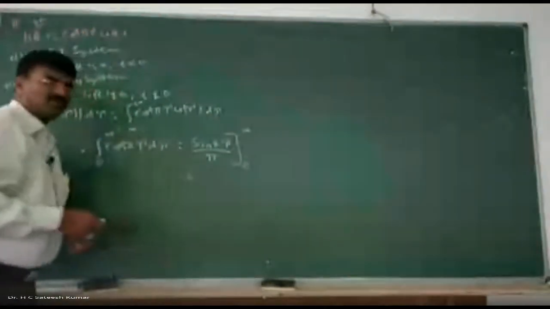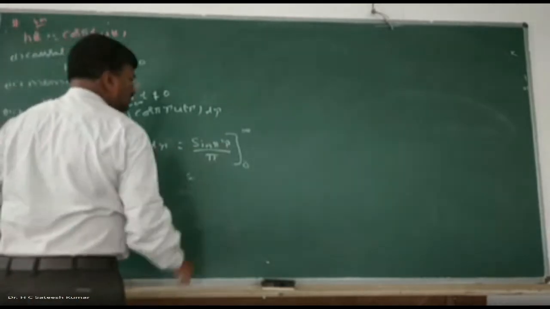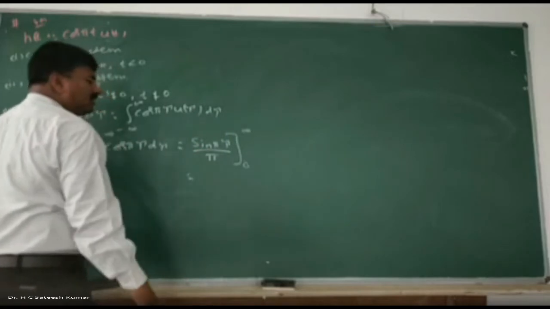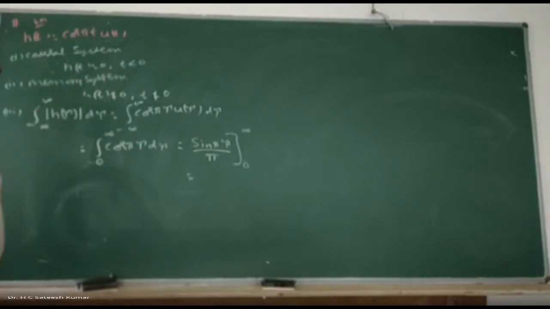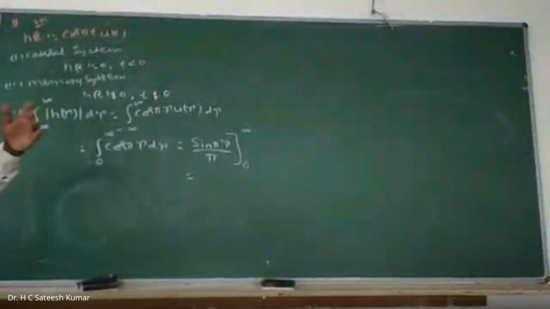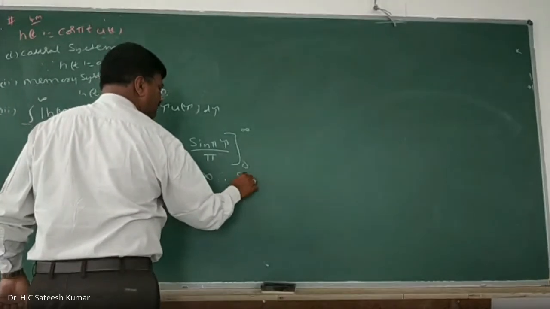So if you include all the values of sin of pi into infinity, going up to infinity, if you add all the values up to infinity, it becomes equal to infinity. Therefore, the system is unstable.